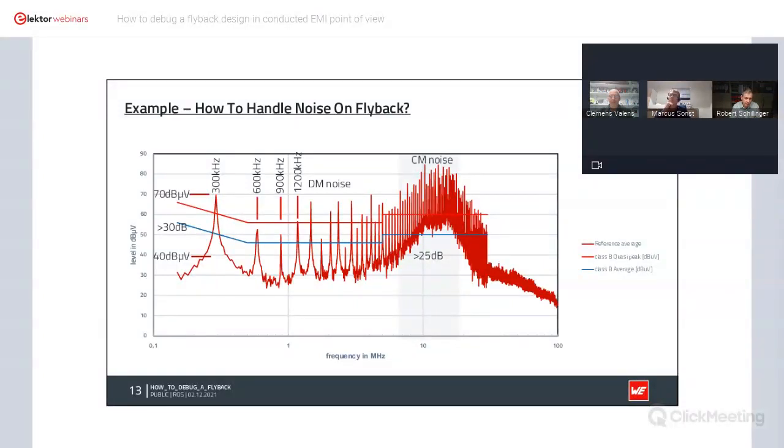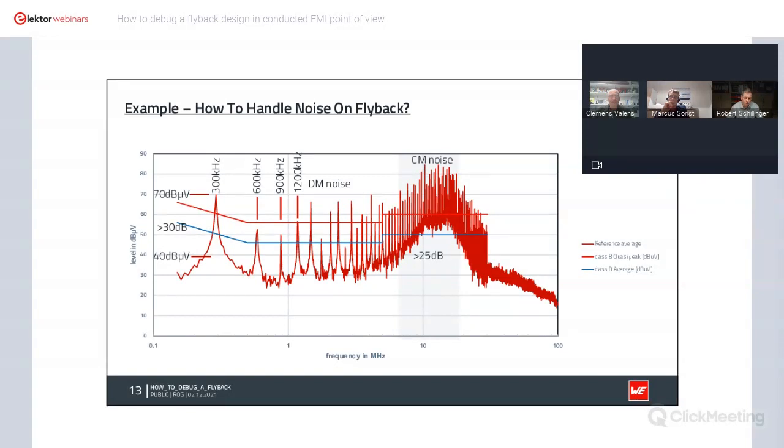In principle, you measure in the laboratory both together, and you can't see the difference. You have both, and the compliance test shows not only the differential mode or common mode, it's always both together.